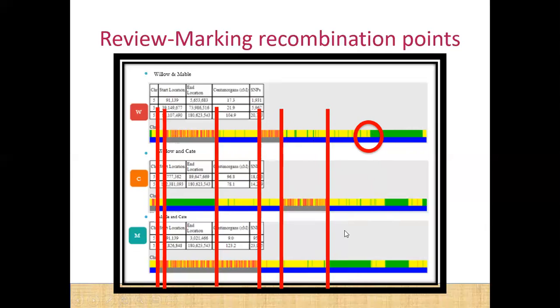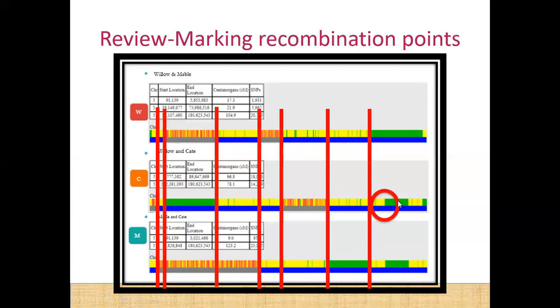And when we look below here, there's no change in the Willow and Kate comparison, but there is down at the bottom in the Mabel and Kate comparison, where we move from green on the top, blue on the bottom, to yellow on the top, blue on the bottom, half identical match. And here we have a full identical match. So we can go ahead and put that line of recombination in.